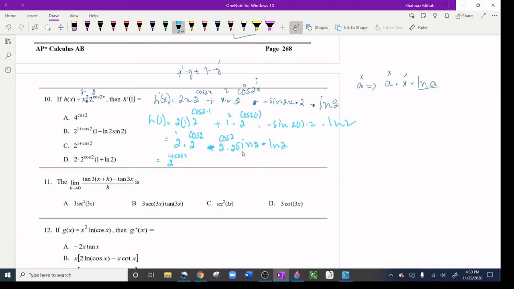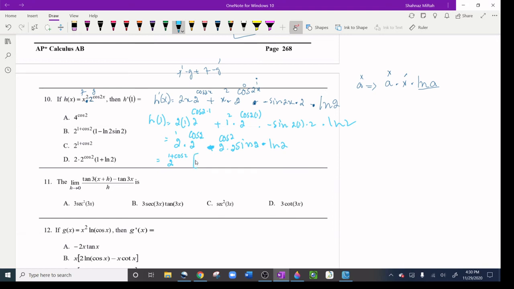So ln 2, sine 2, and I can make the 2 to the cosine 2 a common factor.